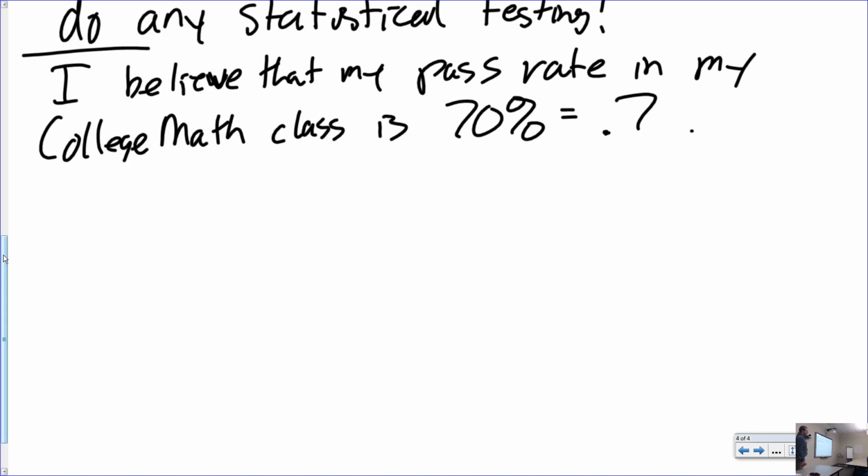It's way higher than the national average if it is. The national average of students passing a college math class is somewhere right around 48 to 52%. Usually it's about half.